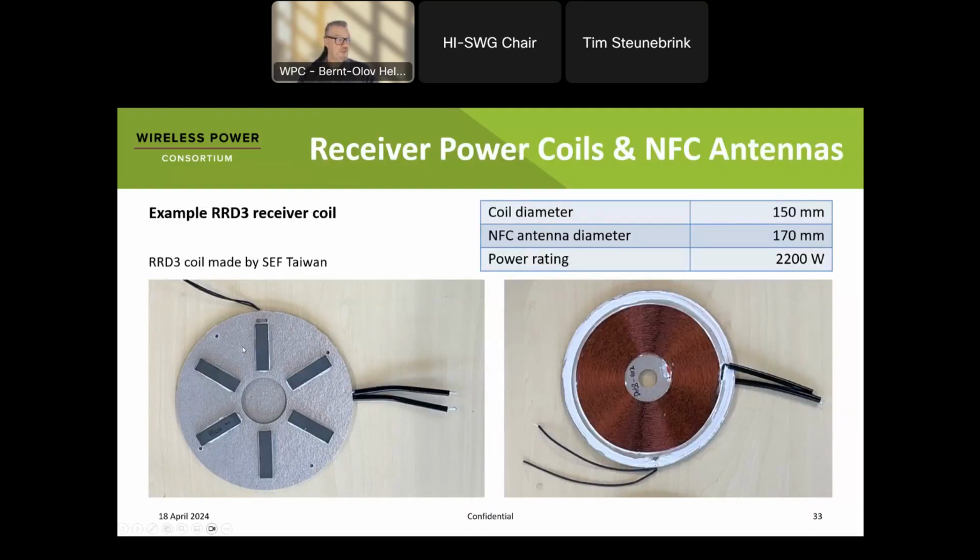Underneath, we have the magnets focusing the magnetic energy where we want it, so we don't spread it all around, because that is just EMC issues. So it's important to have the magnets there, both for the efficiency and for the EMC. This coil package is available from SEF, and we have the contacts at the end of the presentation.